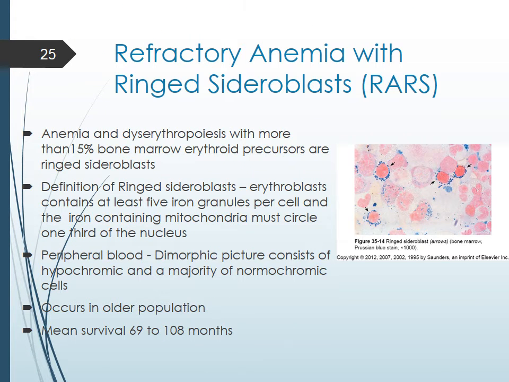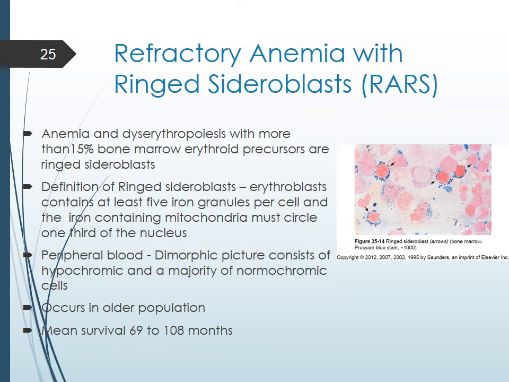So let's move on to the next MDS disorder, refractory anemia with ringed sideroblasts, or RARS. There's anemia in these patients, and there's dyserythropoiesis present. In this case, more than 15% of the bone marrow erythroid precursors are ringed sideroblasts.